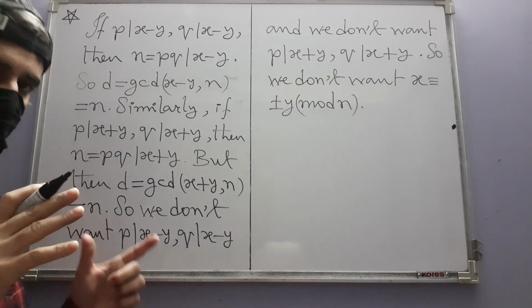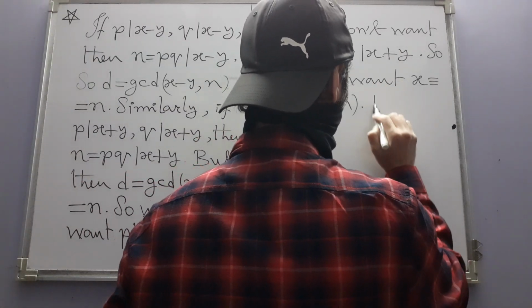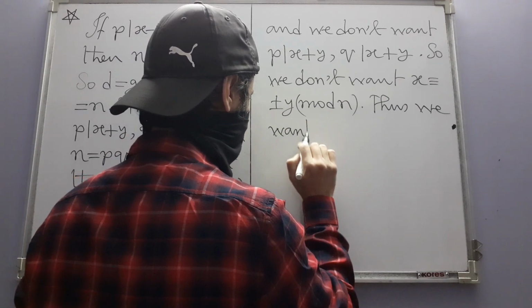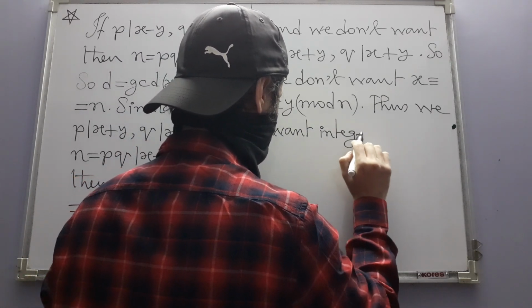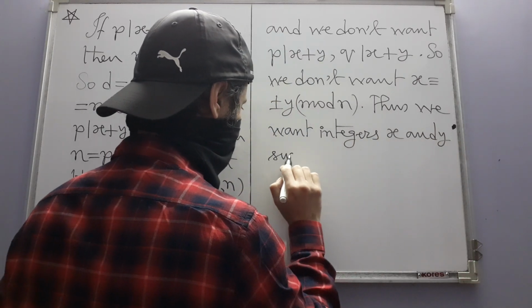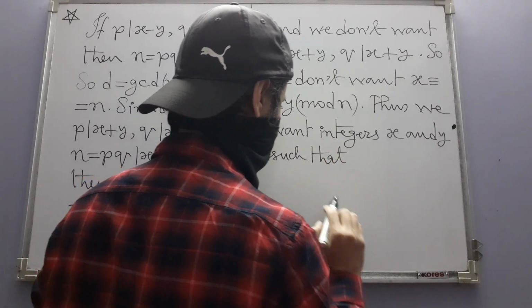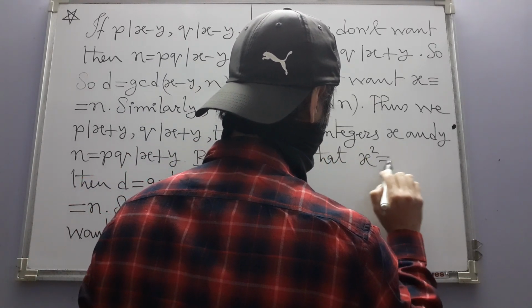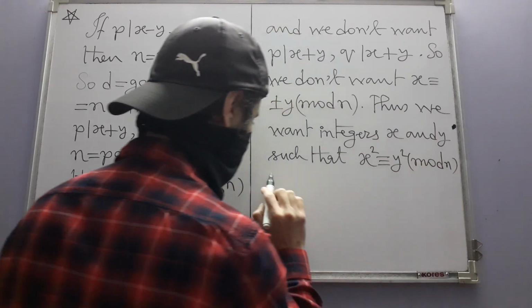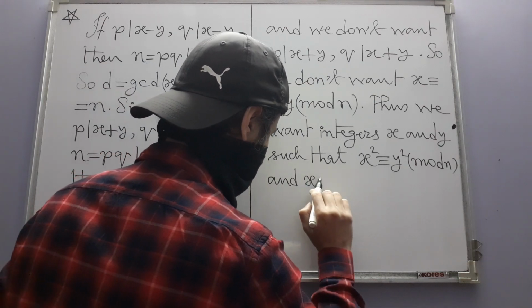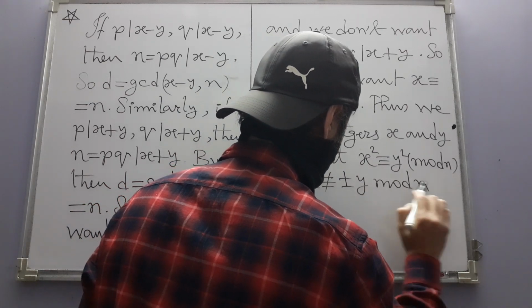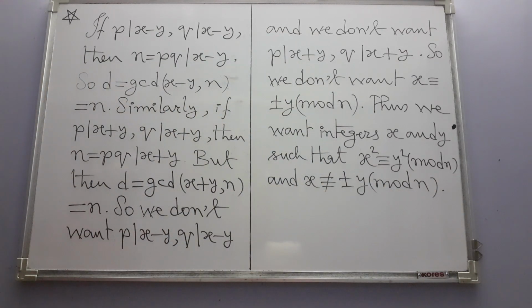That means ultimately what are we requiring? Thus, we want integers x and y such that x square is congruent to y square mod n and x is not congruent to plus y or minus y mod n. So this is our additional requirement.